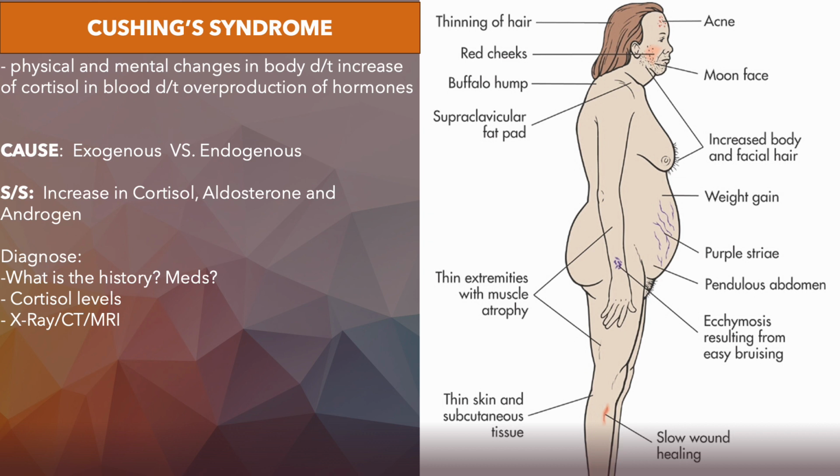These medications are used to treat a lot of inflammatory disorders, like for example lupus. We also use them in asthma, COPD patients, and rheumatoid arthritis. We use them to suppress the immune system after the patient gets an organ transplant as well.